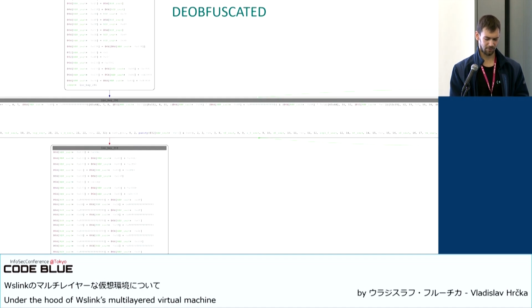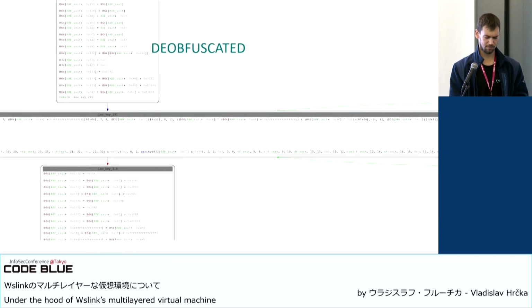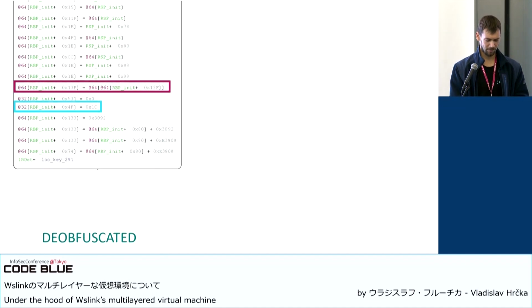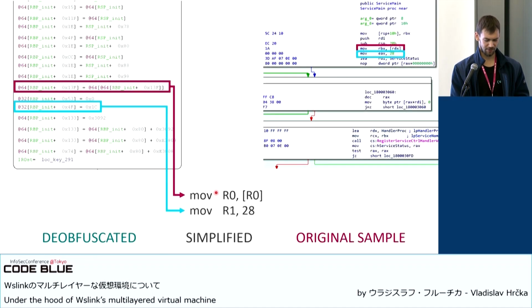But if you look at the results, okay, we see that the reference is applied later on, and actually we can simplify these expressions into a form of pseudocode, not supposed to be ARM, to compare it against the original sample more easily.